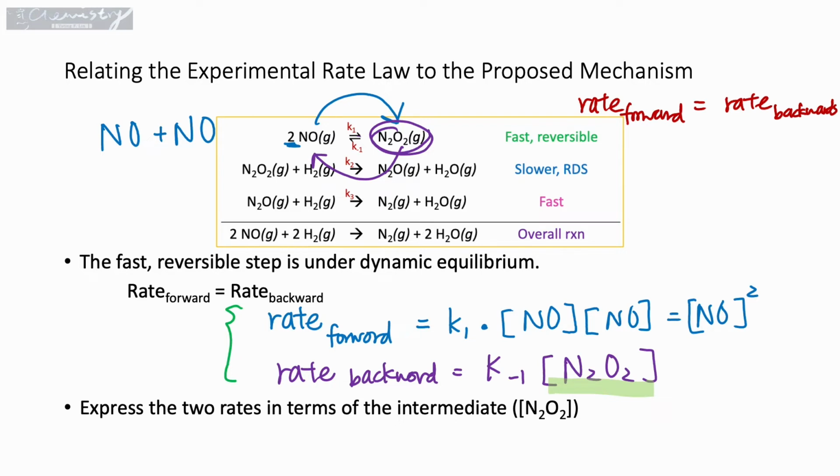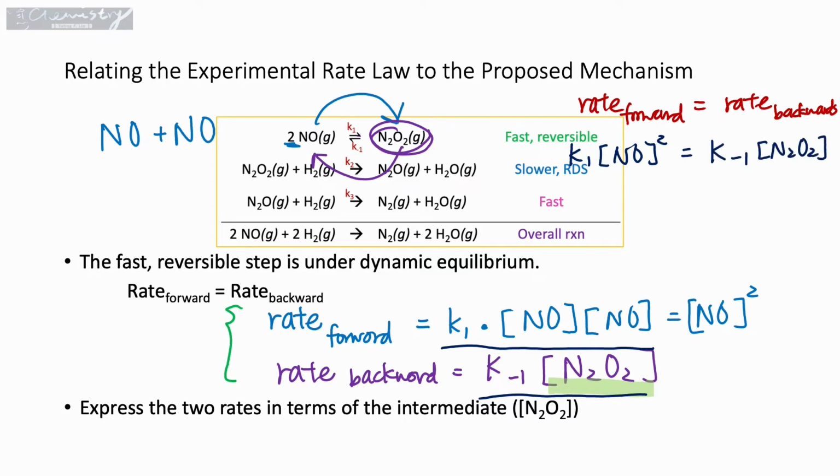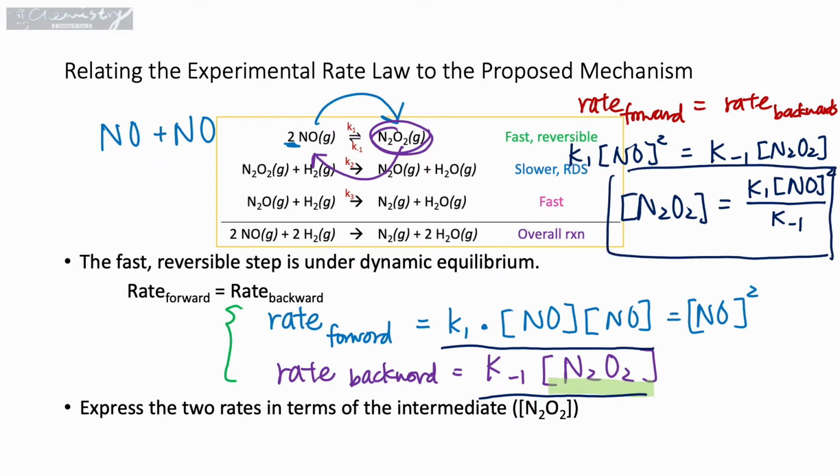So from this, we know that this whole thing equals that. So K1 NO squared is equal to K negative 1 N2O2. And we are going to express this in terms of the intermediate. So N2O2 by itself is equal to, dividing both sides by K negative 1, K1 NO squared over K negative 1.